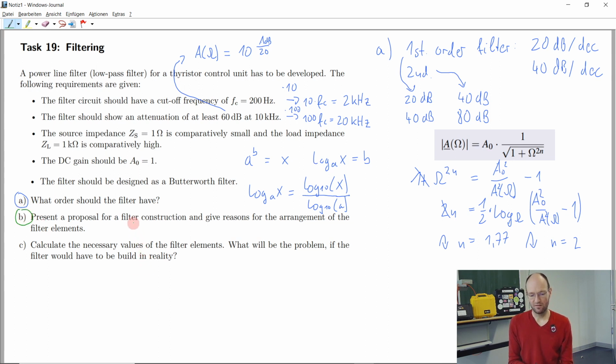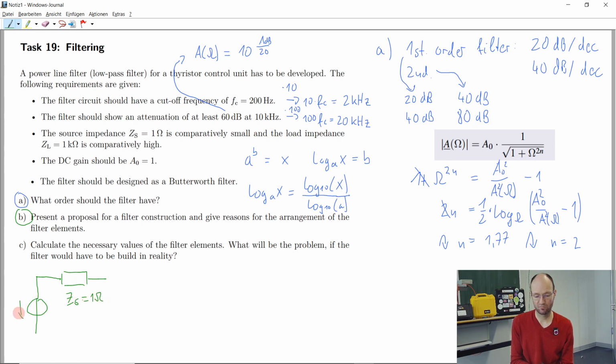And so the question here is, what would be a meaningful filter construction structure, and why do we choose this arrangement of the filter elements? So we have a second order filter. Maybe let's draw the source first. So we have some source, and the source has some inner impedance that is given there, the ZS, this 1 ohm.